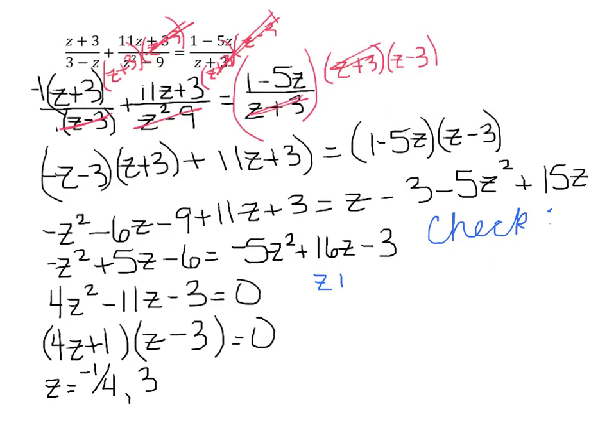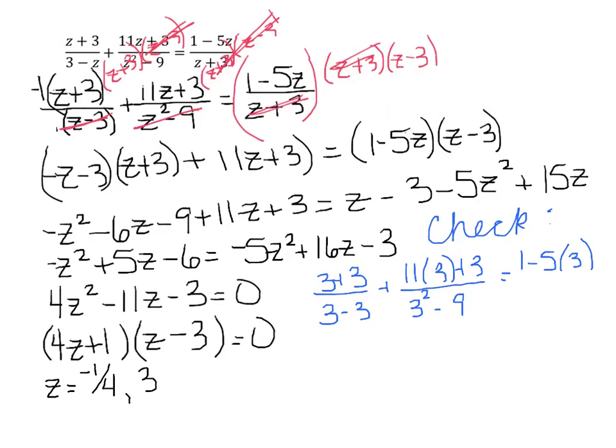Oops, I didn't want z there, I actually wanted 3. One thing that you'll notice, denominator is 0, denominator is 0, 3 is an extraneous root. We will also need to check negative 1/4.